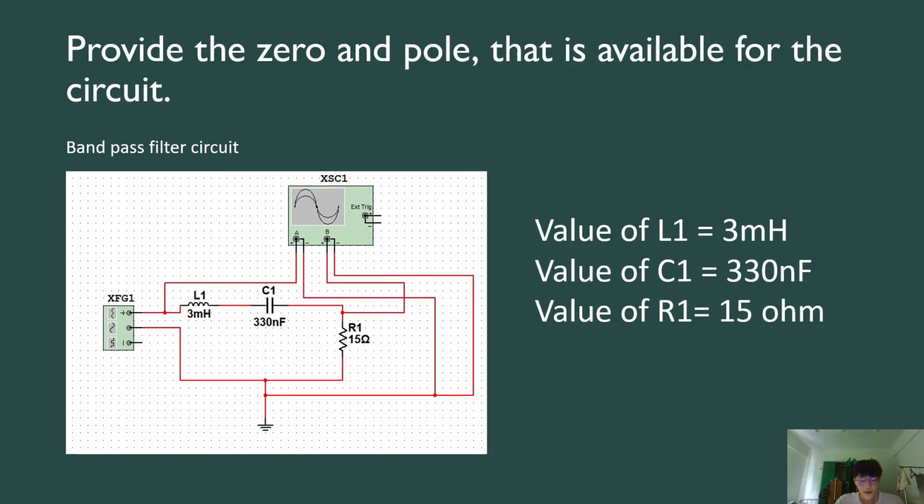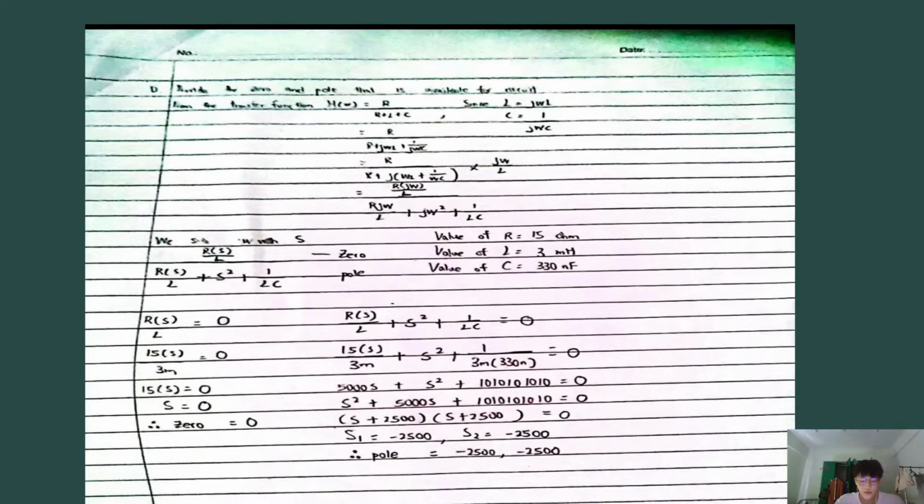Now we are going to find out how to calculate the zero and the pole for this circuit. First of all, to determine the zero and pole, we need to start with our transfer function. Based on the circuit, the transfer function is equal to R over R plus L plus C. Since the impedance of L is jwL and of C is 1 over jwC, we substitute them respectively.